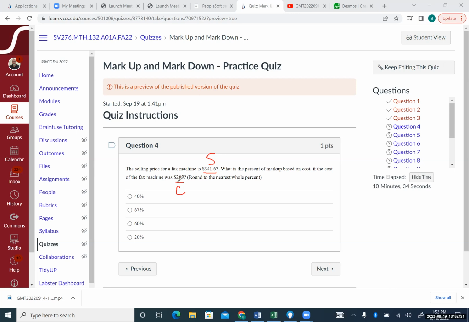Would it be to subtract 205 from 341.67? That sounds right. We subtract the cost from the selling price, and that should give us the markup.